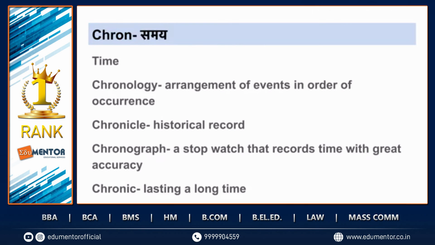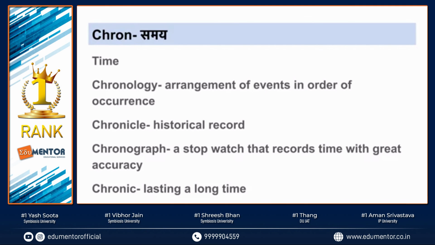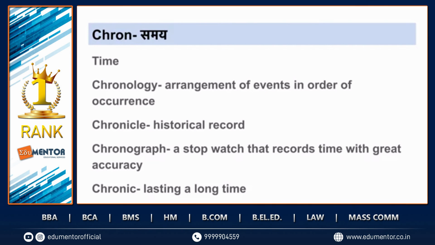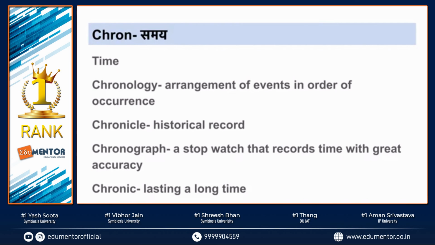Chron root word means associated with time. Chronology, a proper timely arrangement of events, is called chronology. Chronicle is a historical record. Chronic is something that is lasting for a very long time.